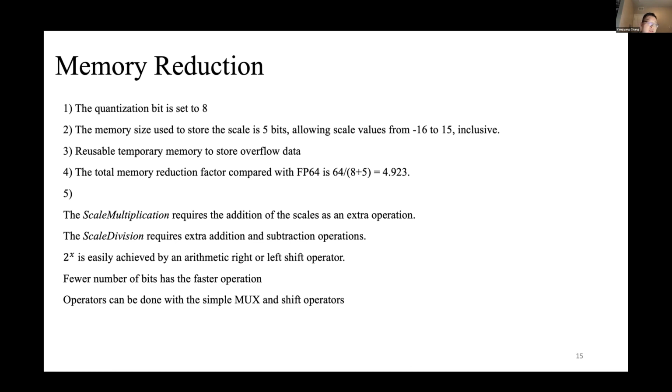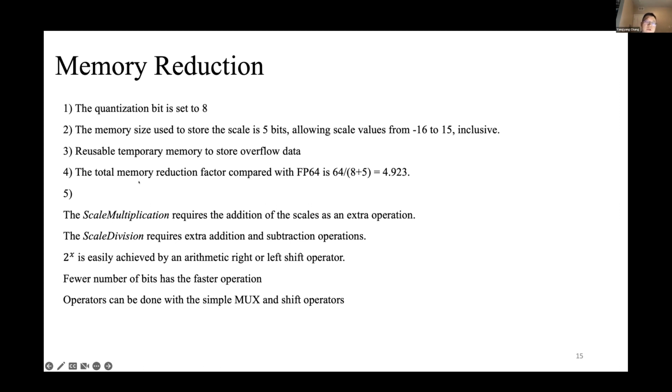We can achieve the decimal position to the 15 bits. And we also have the reusable temporary memory to store overflow data. So we will reuse the temporary memory; we won't create many temporary memories for the overflow data.